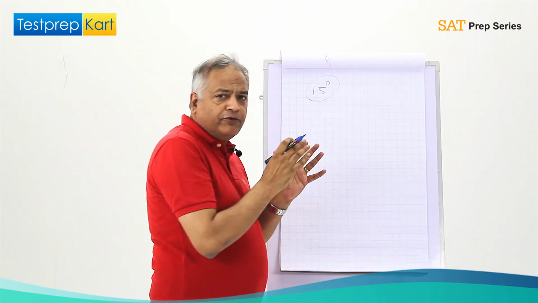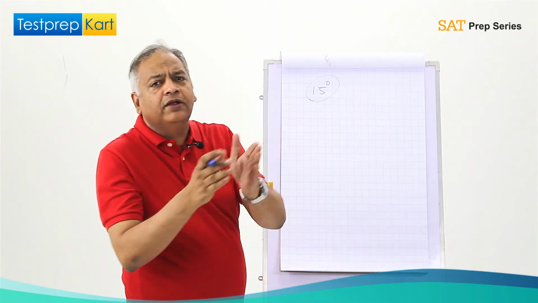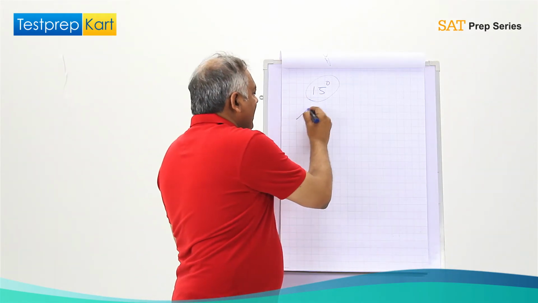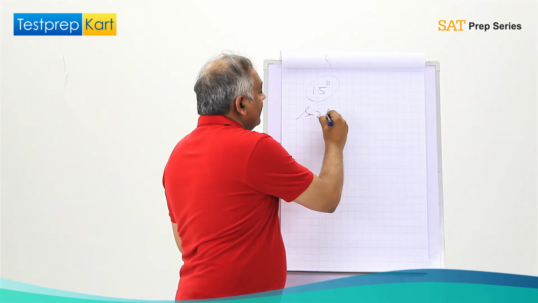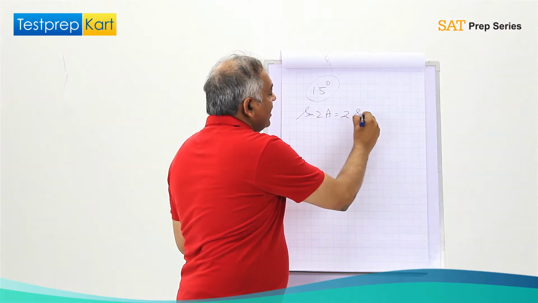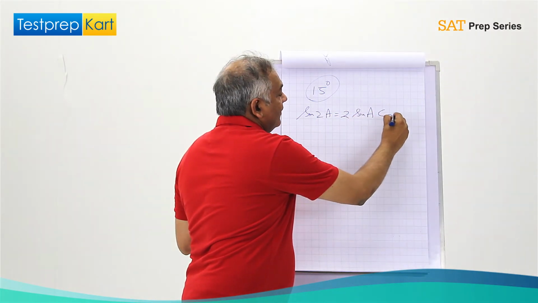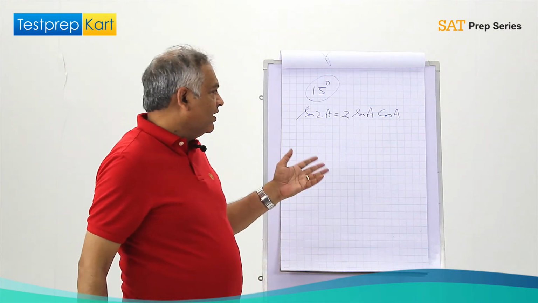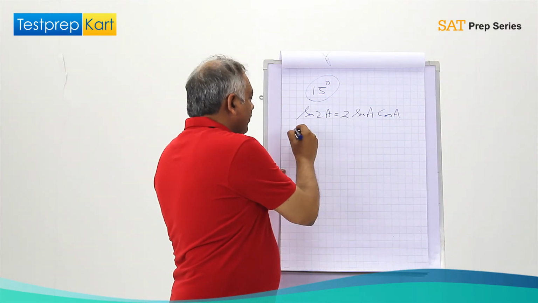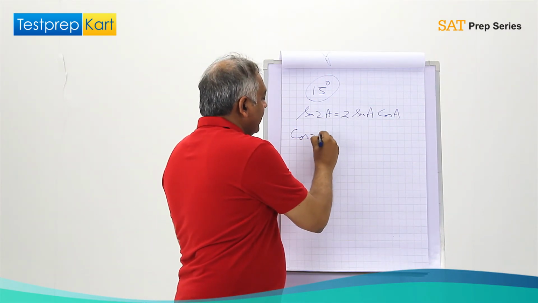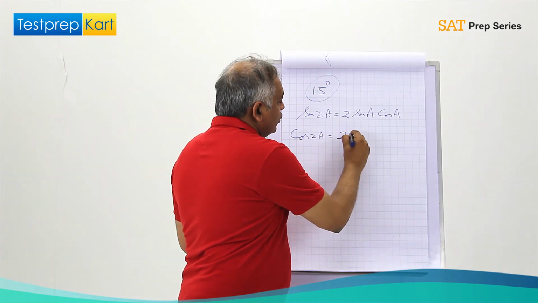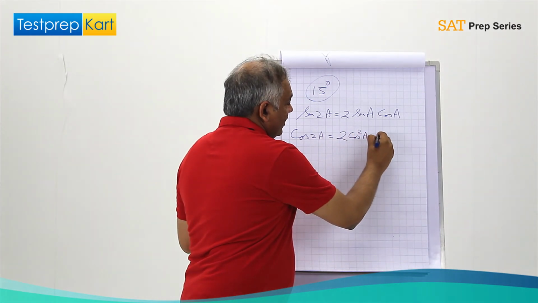What is the double angle formula? It is a formula which will convert a double angle into a single angle. For example, sine of 2A is equal to 2 sine A cos A. Another double angle formula is cos 2A is equal to 2 cos squared A minus 1.